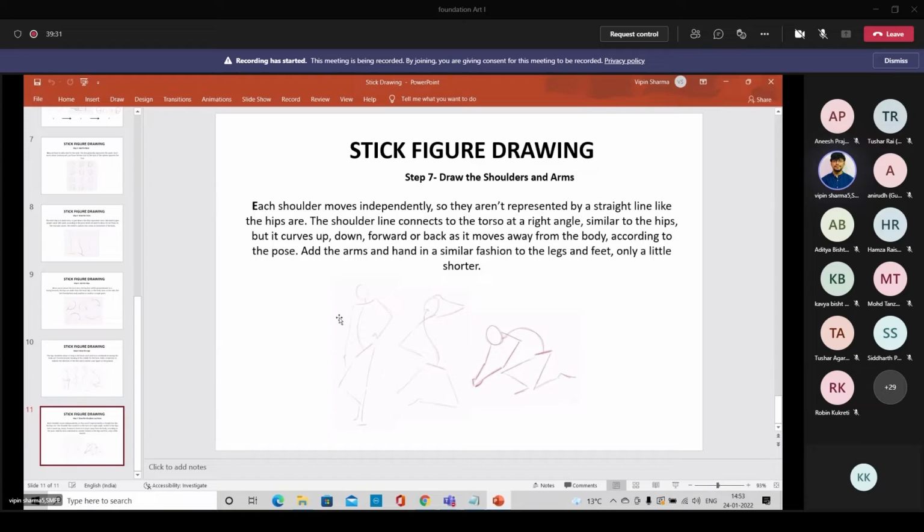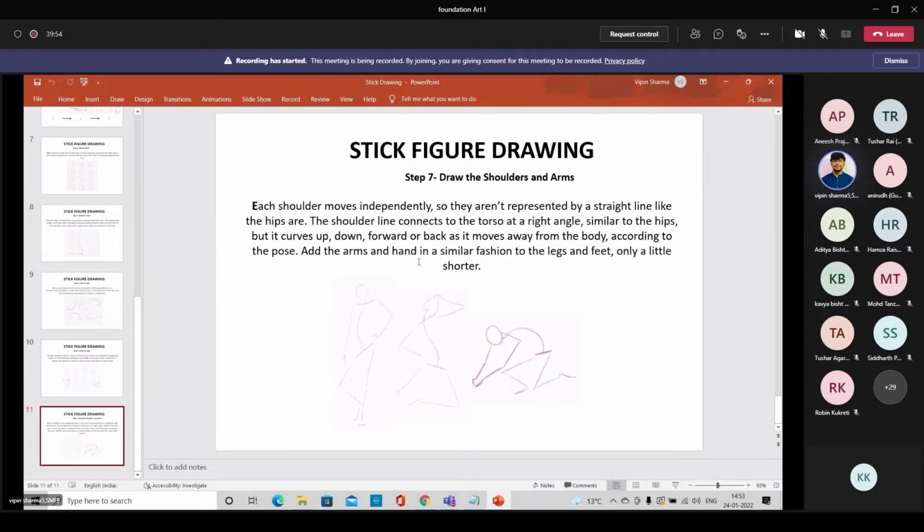Now, the poses begin with the hand also. Each shoulder moves independently, so they are represented by a straight line, like the hips are. The shoulder line connects to the torso at a right angle, similar to the hips, but it curves up, down, forward, or back as it moves away from the body, according to the pose.